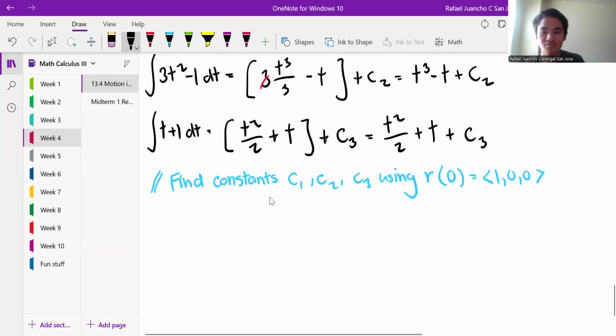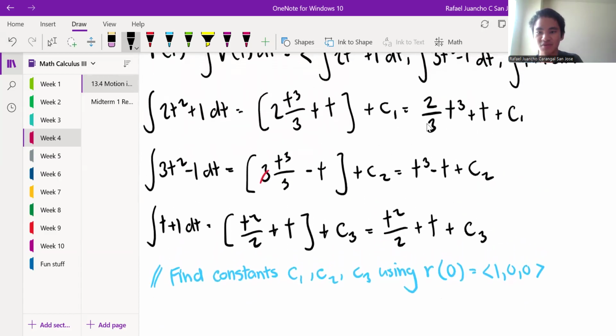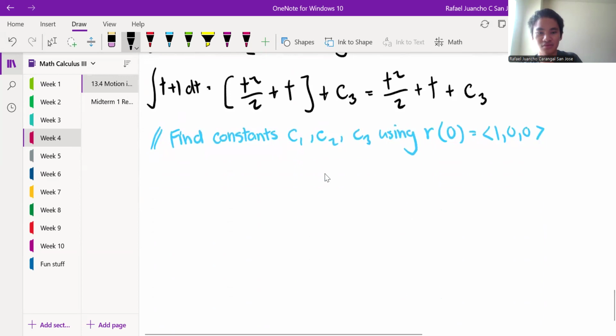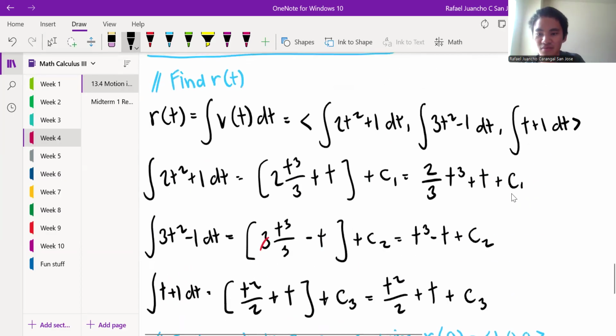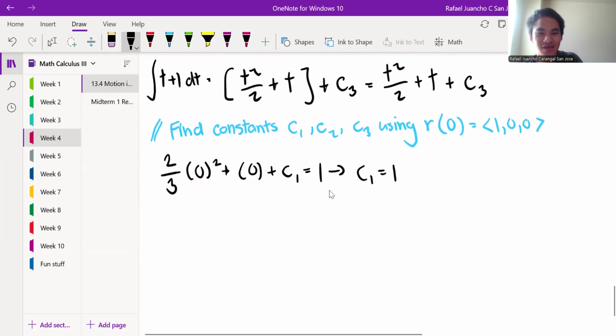Well, now I can just plug in what I know, right? So at t equals 0, my x component is 2 over 3 times 0 squared, plus 0, plus c1, is now 1. So this tells me c1 is equal to 1.